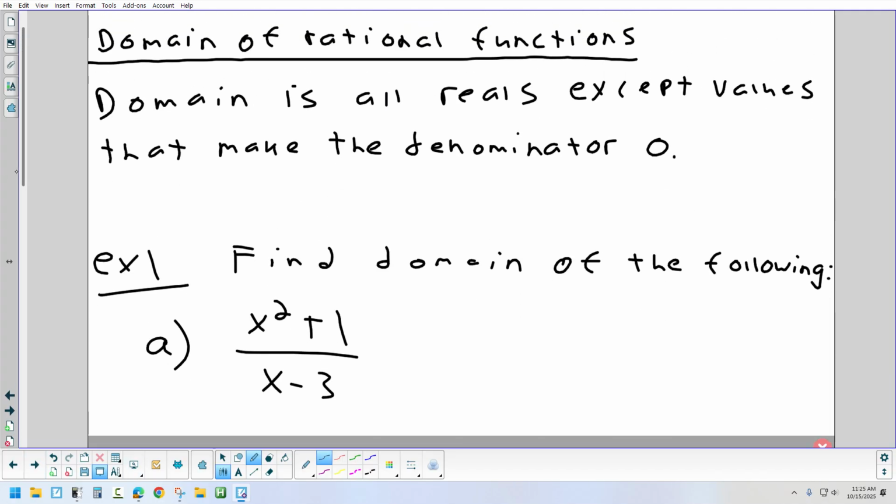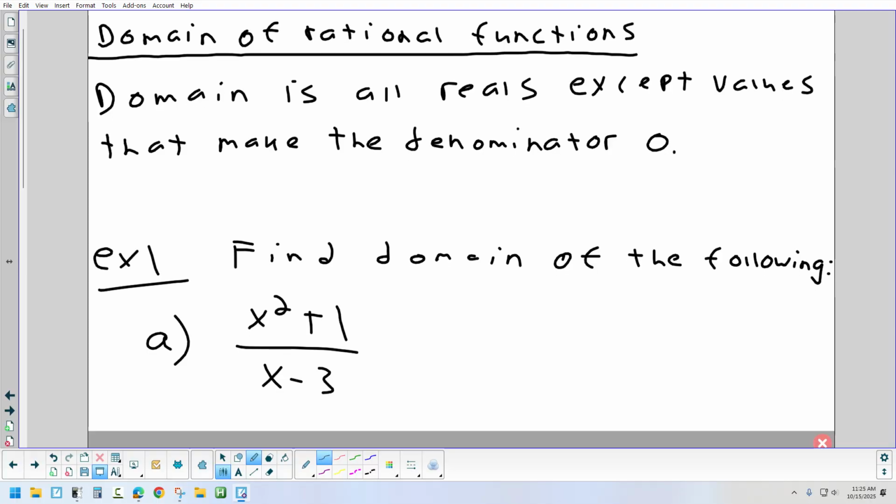Okay, so let's find the domain of this one. What is the domain of example 1a? All real numbers except for 3. If I asked you for a sentence, I would definitely accept that. That's perfect. All real numbers except 3.